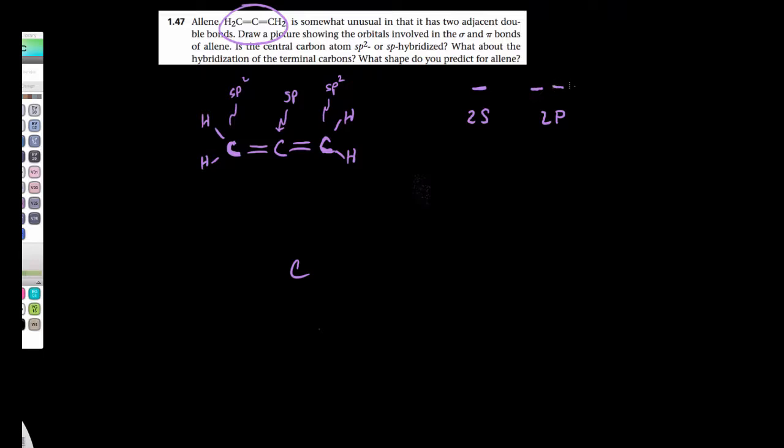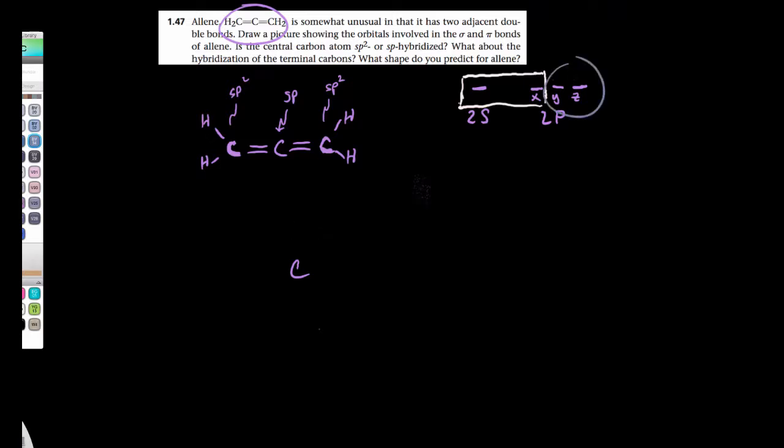Remember, there's 2px, 2py, and 2pz. So when you have sp hybridization, you are mixing the s and one of the p orbitals, and that leaves you with two pure p orbitals.